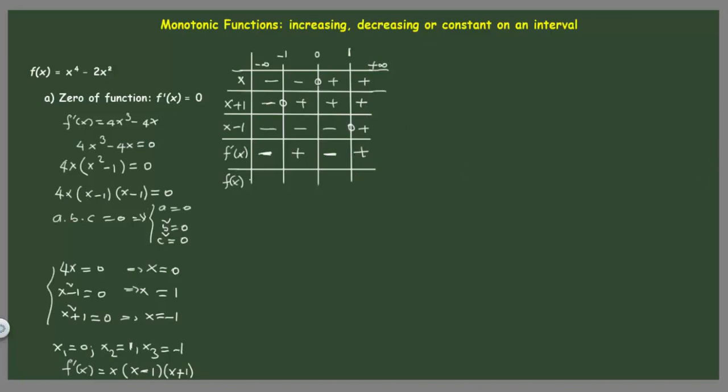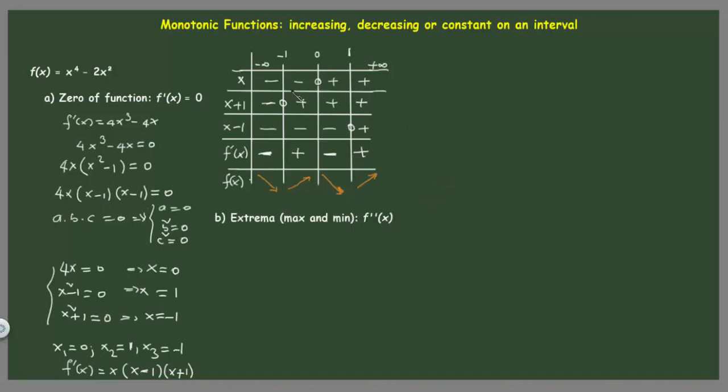So as you can see, the function is decreasing in this interval here, increasing in that one, decreasing again in the interval from 0 to 1, and increasing in the interval from 1 to plus infinity.